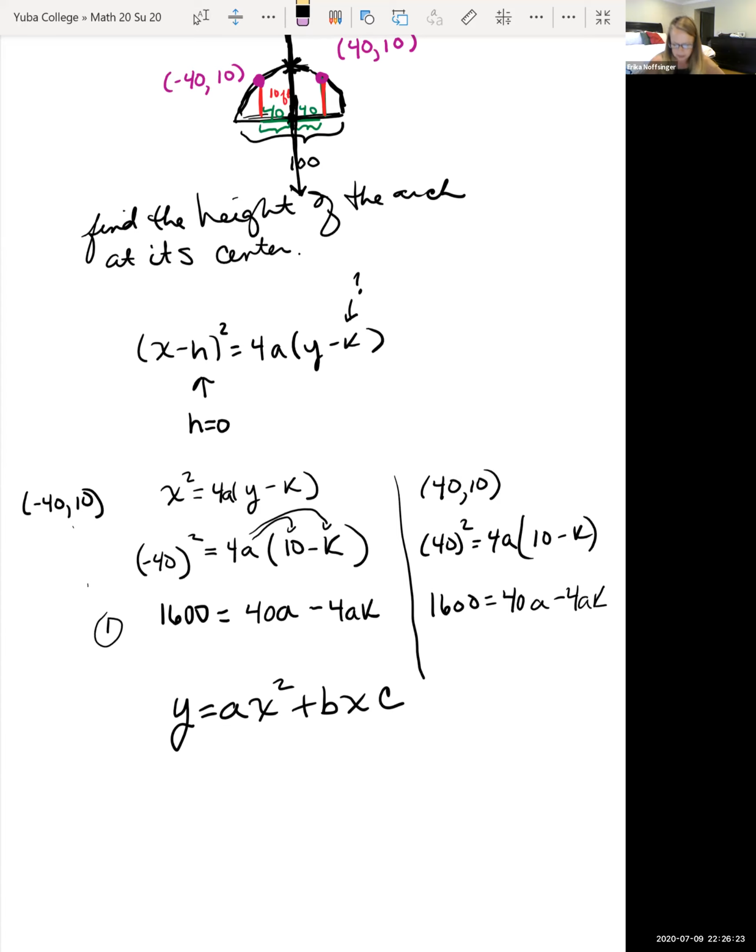We also have another point here. This point here, our y value is 0, and we know because this length is 100. So we also have that this is 50, 0, and this is negative 50, 0.